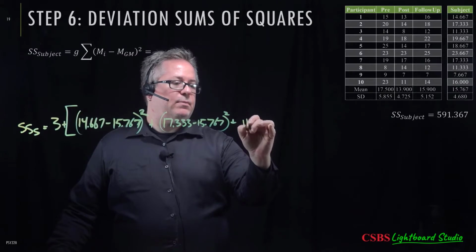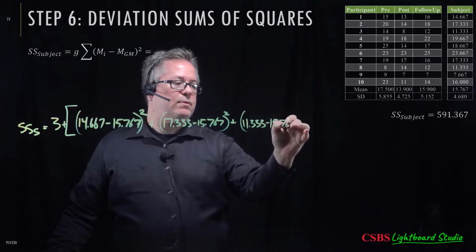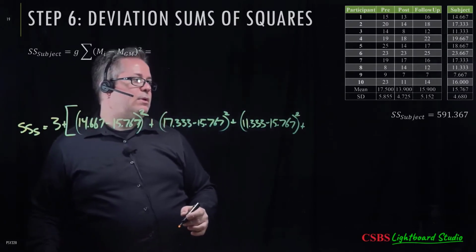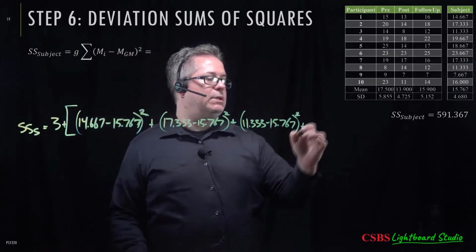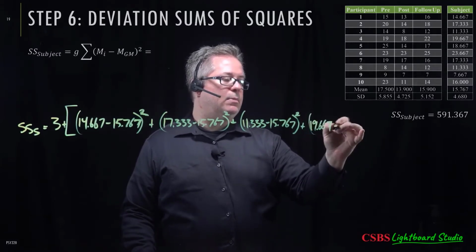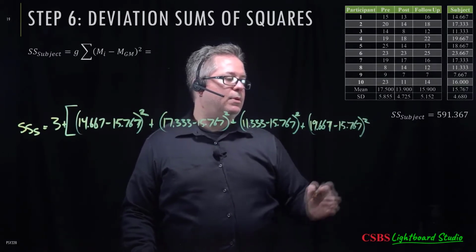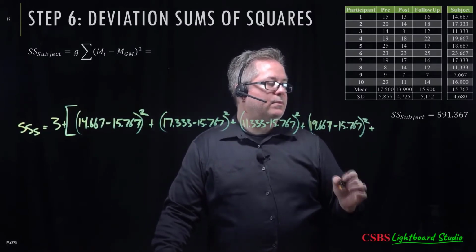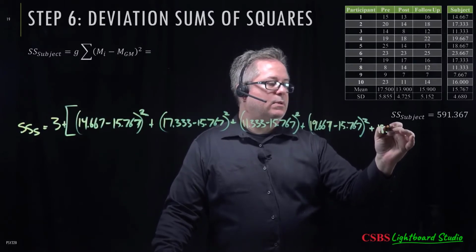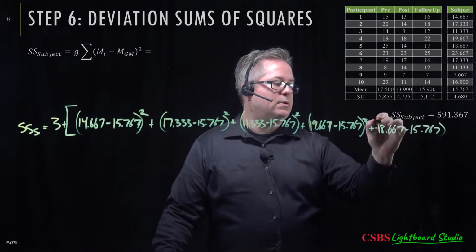Next person's 11.333 minus 15.767 plus, square there. The next person is 19.667 minus 15.767 squared. And the last one for this row anyway is 18.667 minus 15.767 squared.